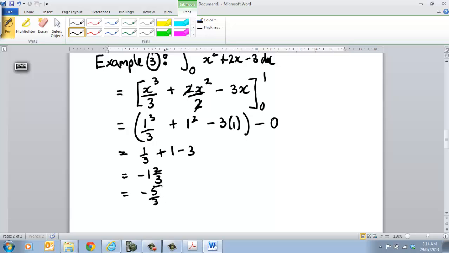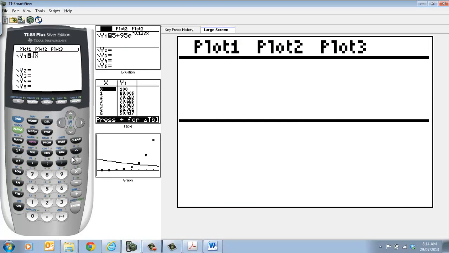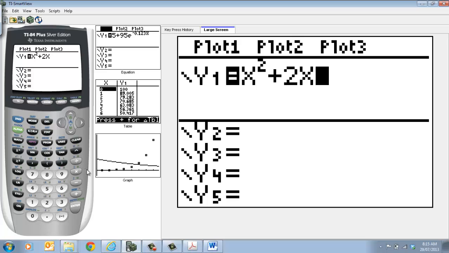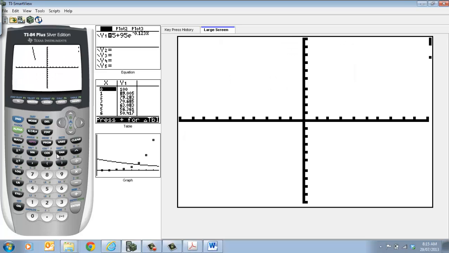Now if we graph that function, we can actually check to see what that will look like and why it's got a negative value. So if we go to our calculator, we'll just clear that, so it's x squared plus 2x, take 3, we graph that.